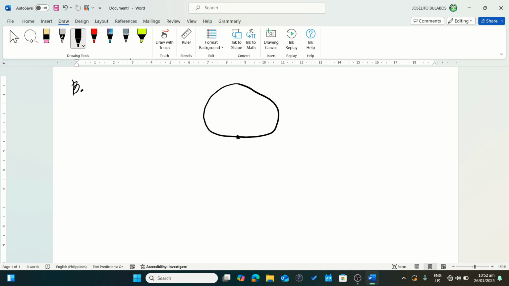Okay, so let's say this is position A and this will be our position B. Assume that the path is a circle, so we have to make one variable r. This is the radius, and let's say this is 10 meters.